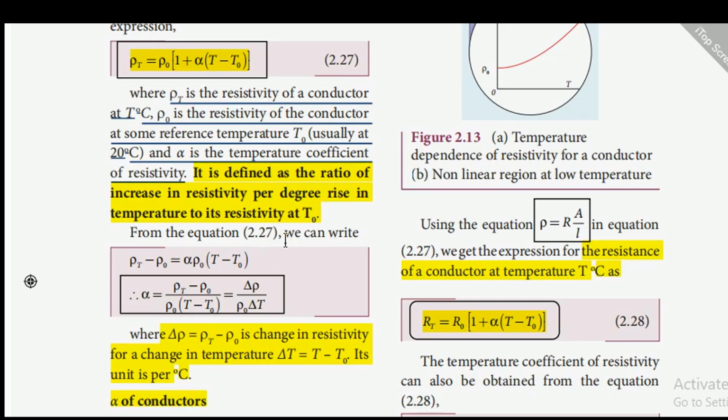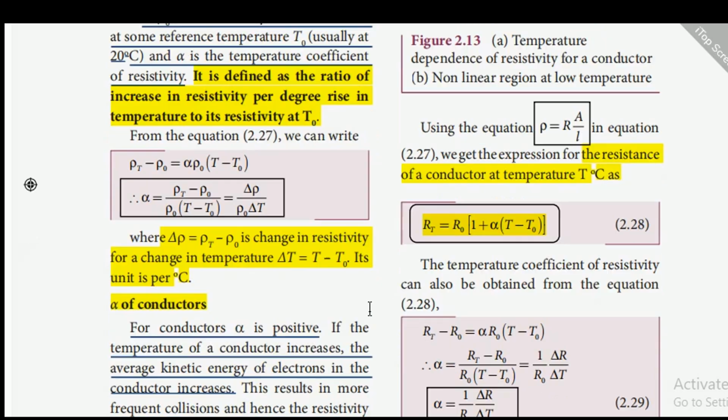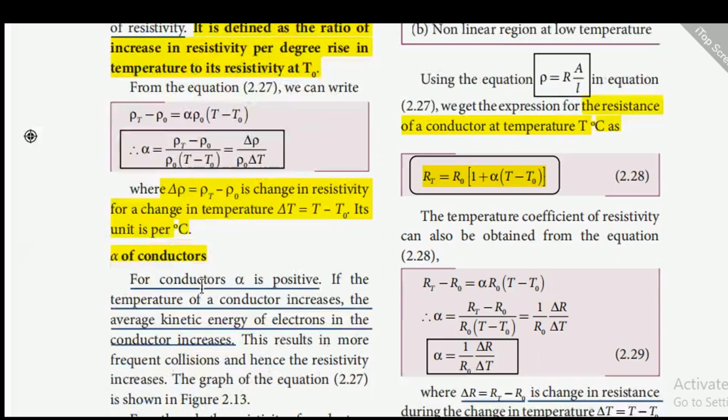From the equation 2.27, we can write ρT − ρ0 equal to α ρ0 (T − T0). Therefore, α, the temperature coefficient of resistivity, is given by the expression (ρT − ρ0) by ρ0 (T − T0), and that can be written as Δρ by ρ0 ΔT, where this Δρ is given by ρT − ρ0, that is the change in resistivity for a change in temperature ΔT, that is given by T − T0. This unit is per degree Celsius.